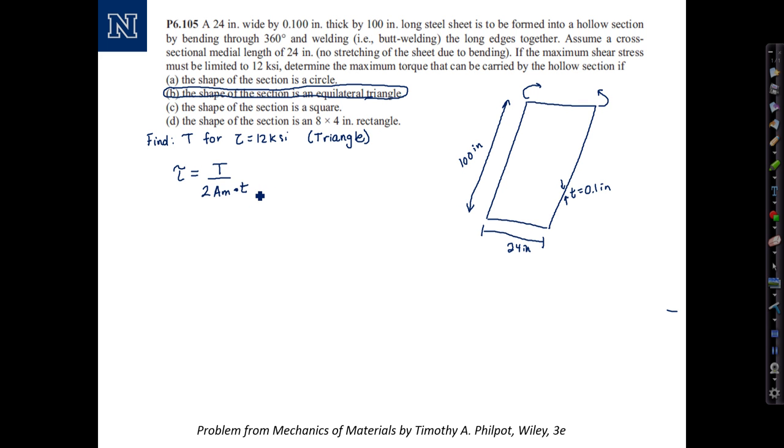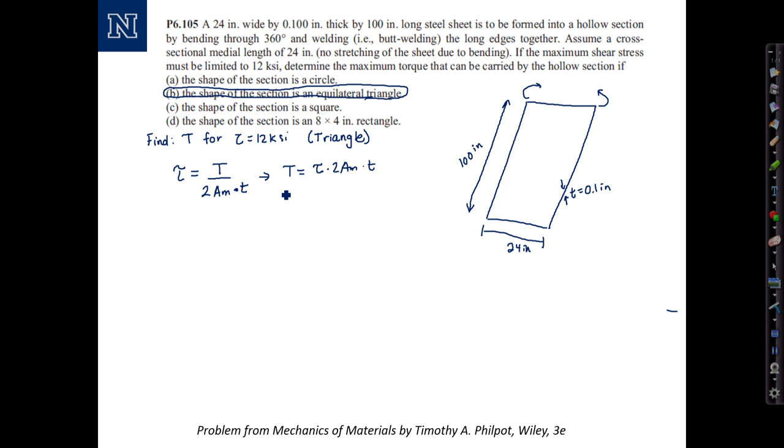Since this section is so thin, we don't need to worry about that too much, but the dimensions that were given in the problem we can assume to be the midline dimensions. We can rearrange this to solve for the torque. Torque is equal to tau times 2 A sub m times t.